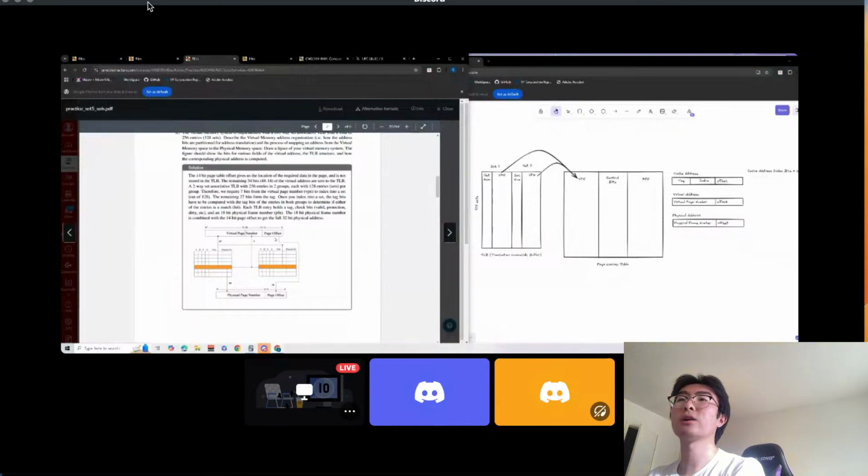So 4 is equal to other bits, 7 is equal to index bits, 27 is equal to tag bits, and then 18 is equal to PFN bits. Okay. I will leave that there.